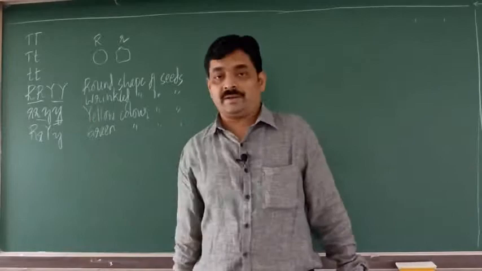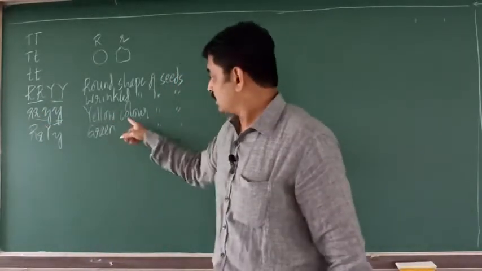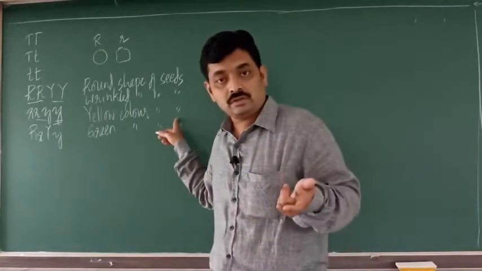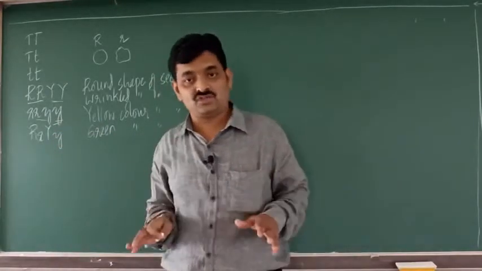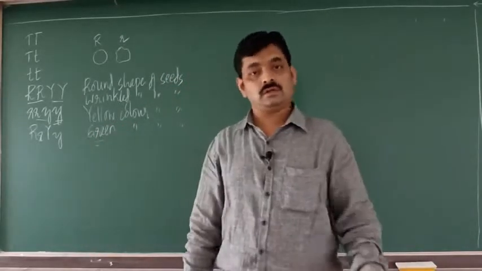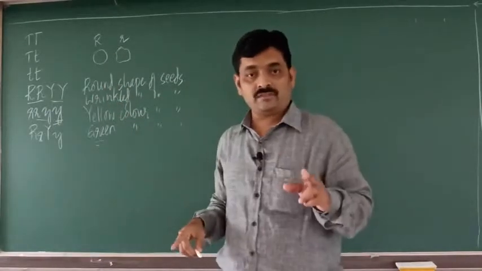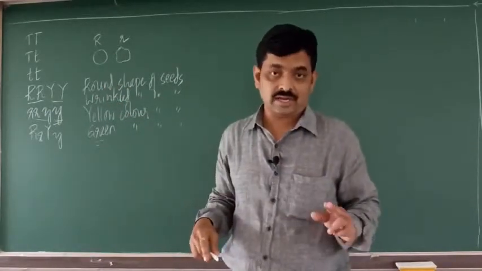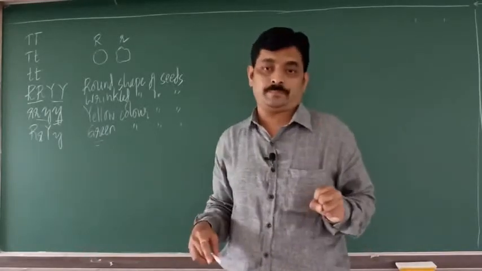Capital Y is the dominant gene that controls yellow color of seeds or cotyledons. Small y is the recessive gene that controls green color of seeds. So round and wrinkled is one pair of contrasting characters in pea plants with respect to seed shape.